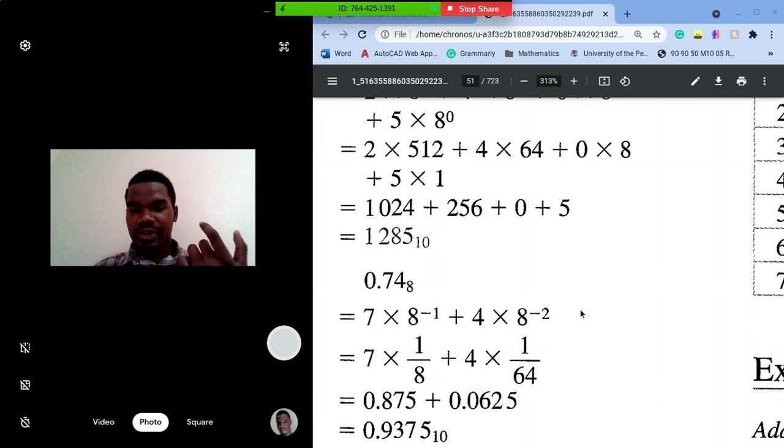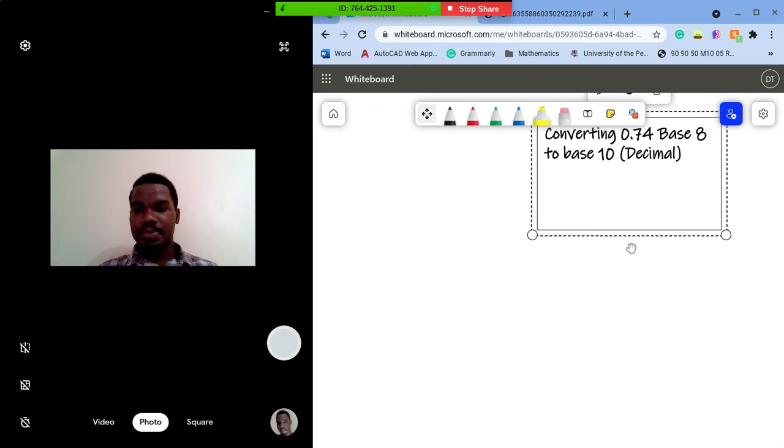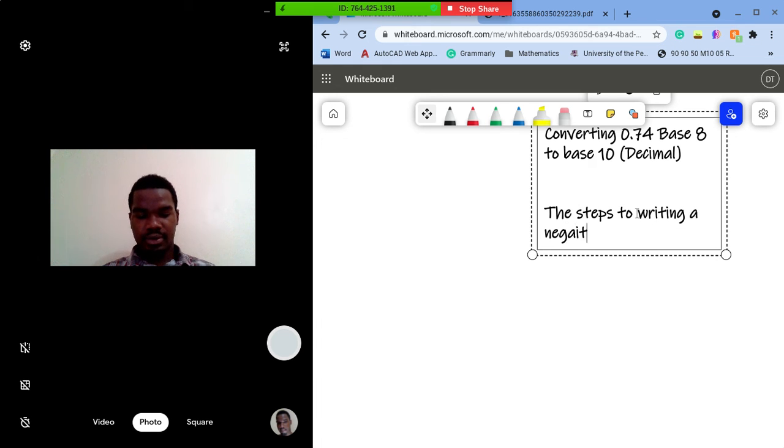Right? If I have 8 to the negative 1, I told you, picture the negative as a division bar. Right? And then place back the power in front, and then put it as a denominator. So let's write that down. The steps to writing a negative index. For example, 8 to the negative 2.